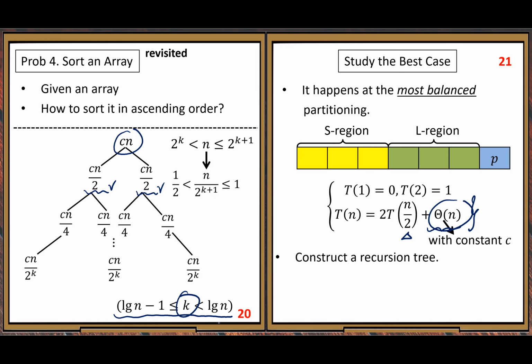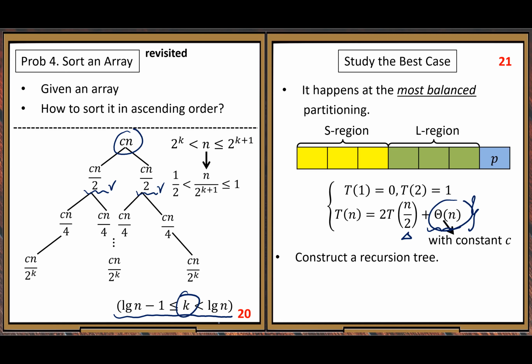So we can estimate that k is very close to log base 2 of n. Then let us accumulate all the non-recursion cost. That will be our final cost.